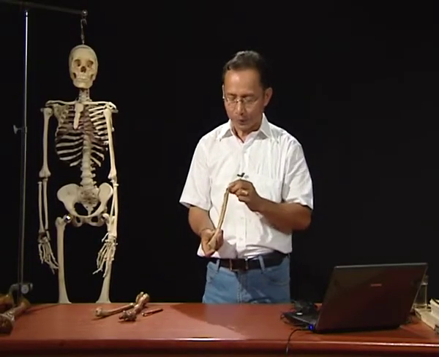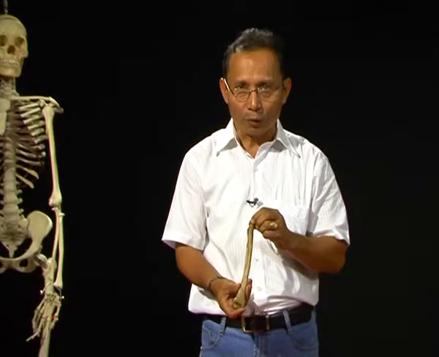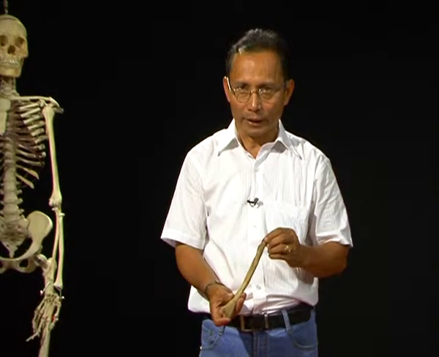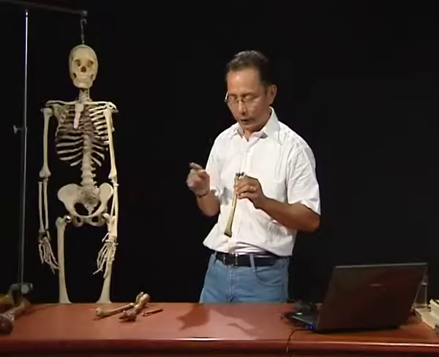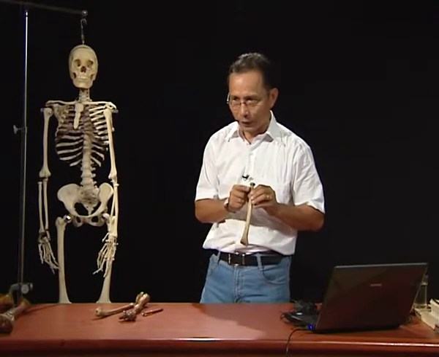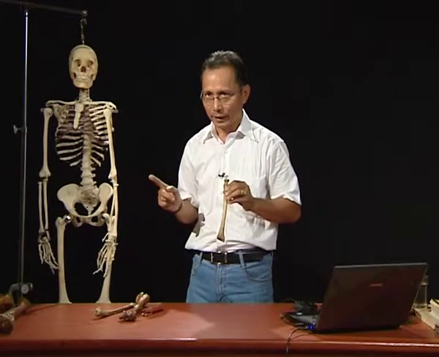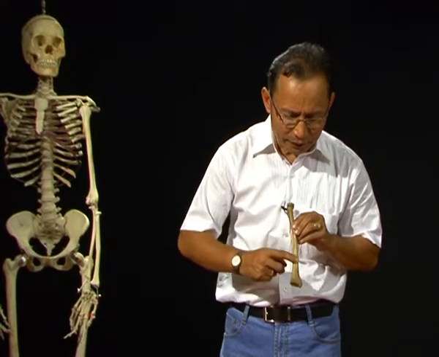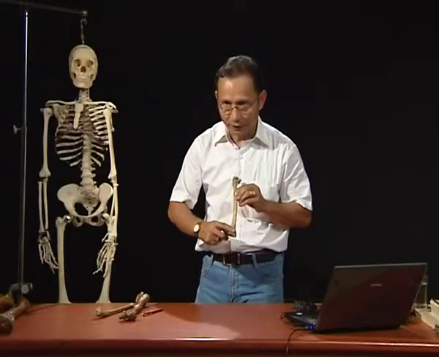Just to know that, you have to remember this head of radius should lie anatomically upward. Then, as I told you, this radial tuberosity should face medially. Secondly, you see there is slight concavity here.